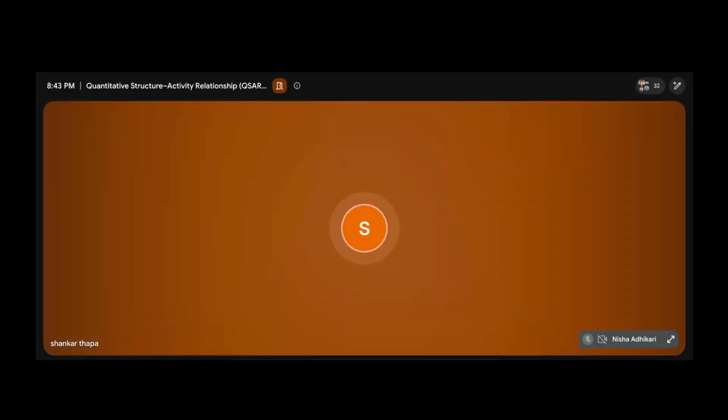Yeah, Durga sir, you rightly mentioned the thing. We are not going to replace real in vitro or in vivo experiments through computational power.